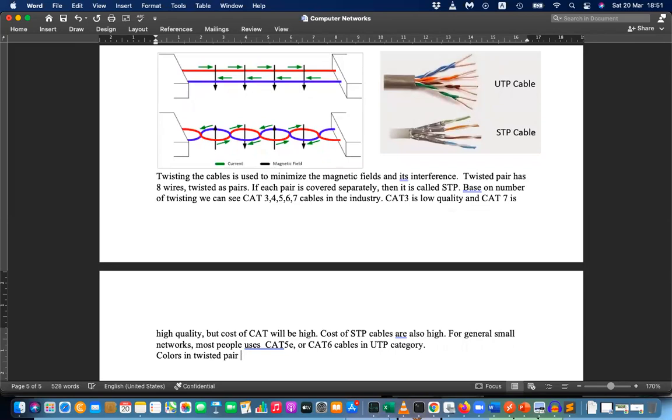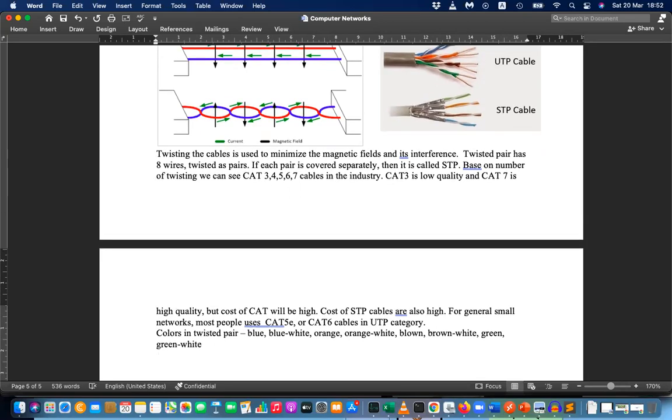So these are the colors: blue, then blue white, then orange and orange white, then brown and brown white, which means brown and white mix, then green and green white. So these are the colors in twisted pair cables.